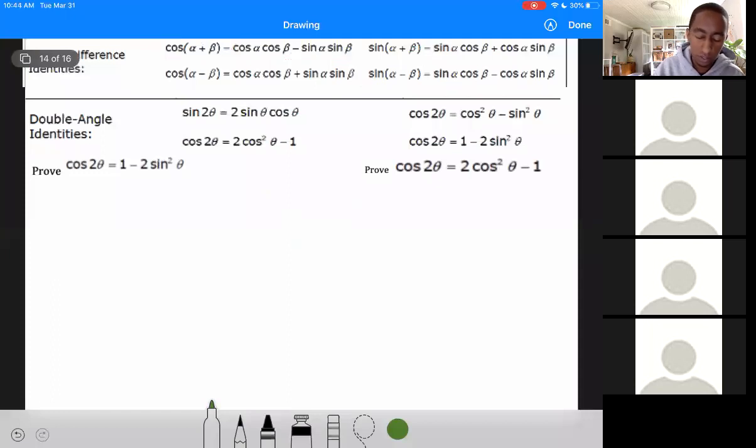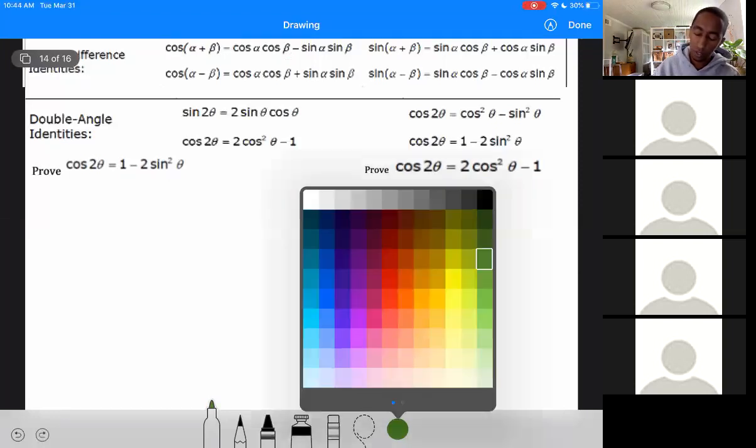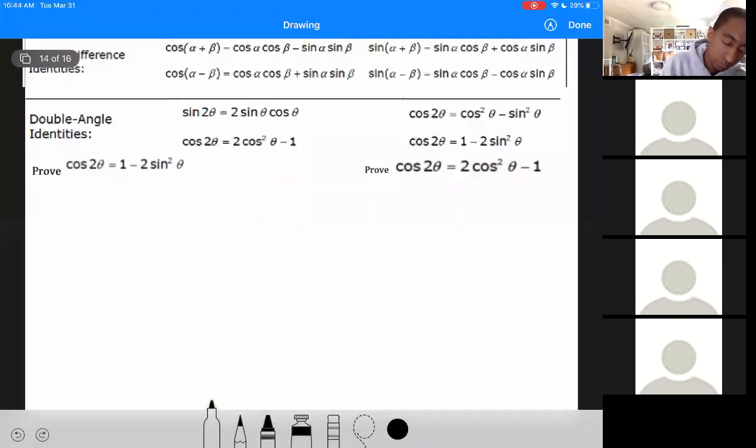So this is the last two identities here. And so cosine of 2 theta, you can also write that as 1 minus 2 sine squared of theta, or 2 cosine squared of theta minus 1, okay? So how does that work? Similar concept. Cosine of 2 theta we can rewrite as cosine of theta plus theta, right?